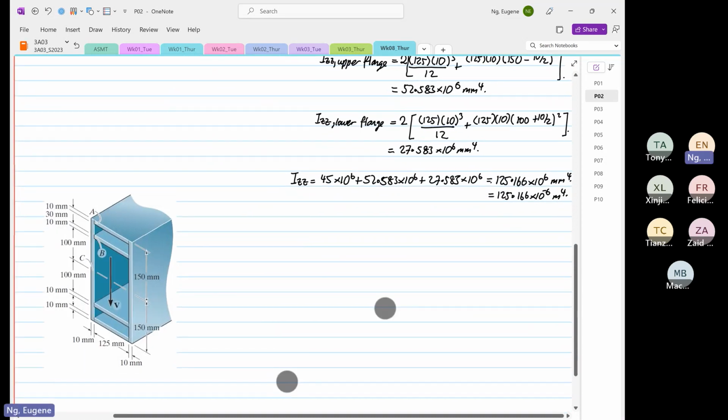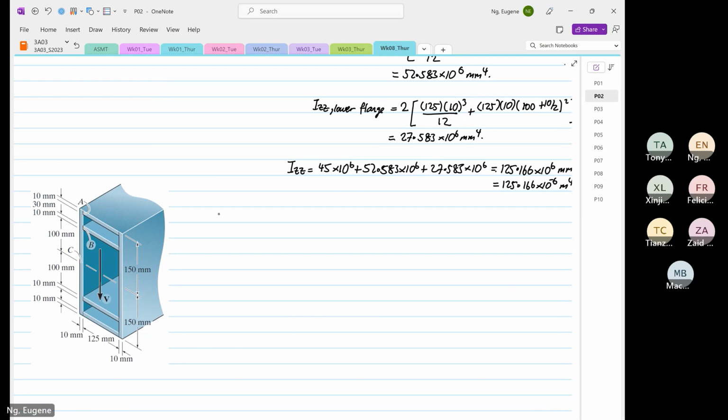So we can find QZ at point A. So the width is 125. The depth is 10. The Y bar is 150 minus 10 divided by 2. All right, 150. Yep. Okay.